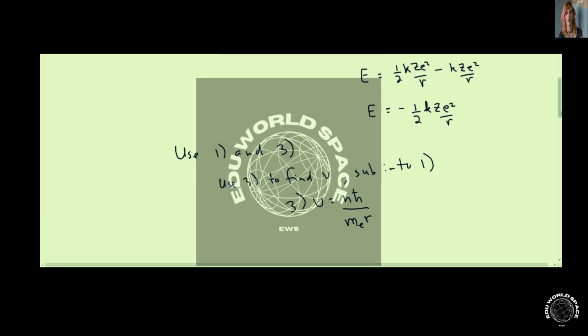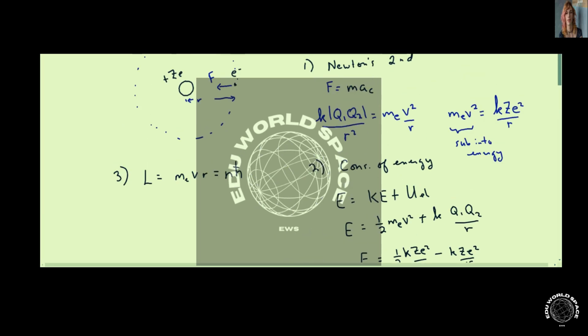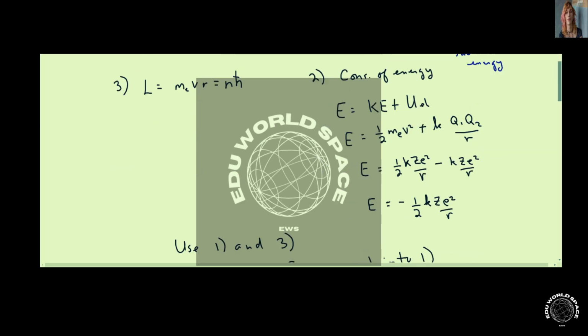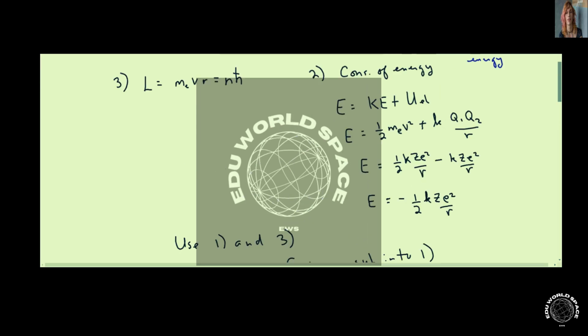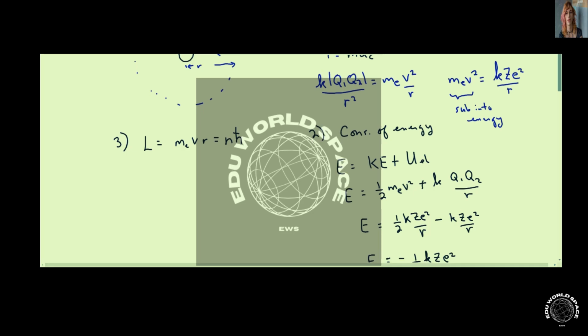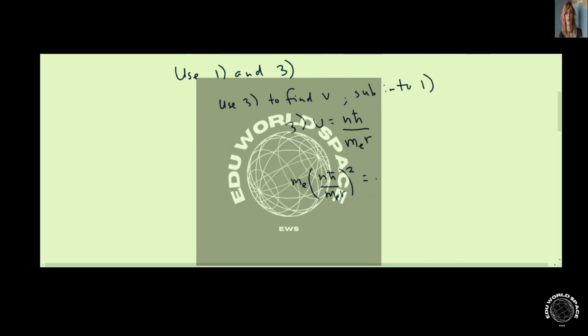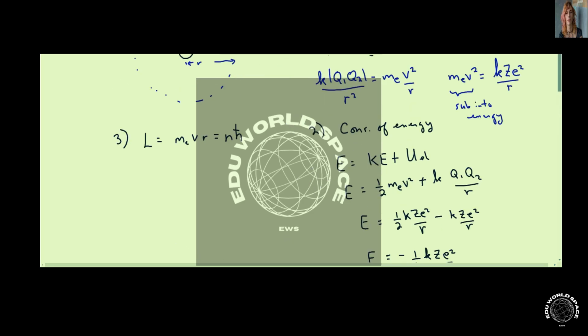Okay, so now we can go back and in our number 1 equation, put in m_e v squared. It looks kind of like a mess, but let's just be careful with things that we're canceling. And that is equal to k Z e squared over r. Good.